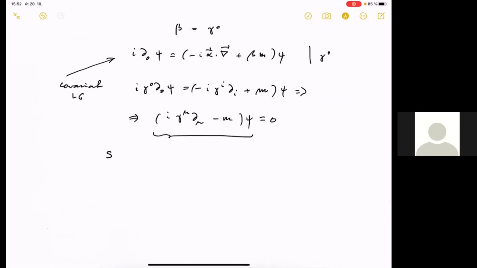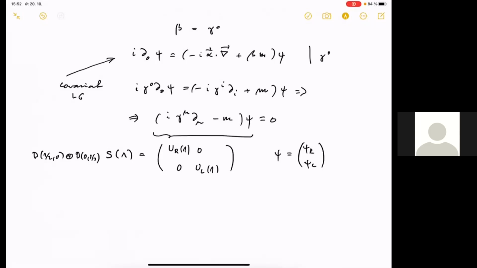Let us denote the corresponding matrix S lambda, and this matrix S lambda should be the transformation matrix in the left-handed plus right-handed spinor representation. Therefore, in block diagonal form, here should be UR lambda, 0, 0, and UL lambda, since it acts on psi, which is psi R, psi L. So psi primed, the Dirac bispinor, is just this S lambda times psi.